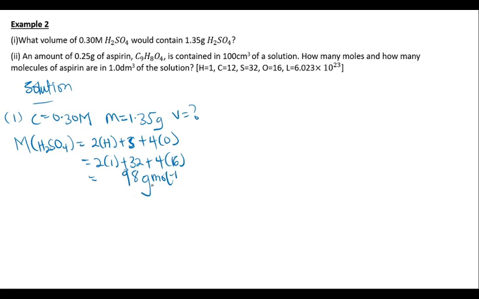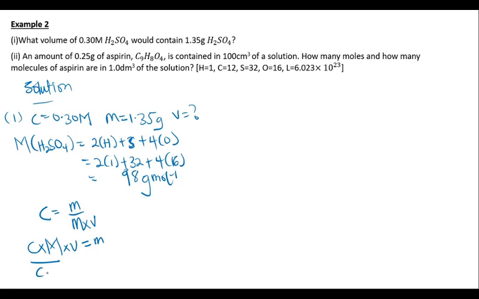Okay, now we need to find the volume, and we know concentration is equal to mass over molar mass multiplied by volume. So if we make volume the subject, we cross multiply, we have concentration multiplied by molar mass multiplied by volume is equal to mass.